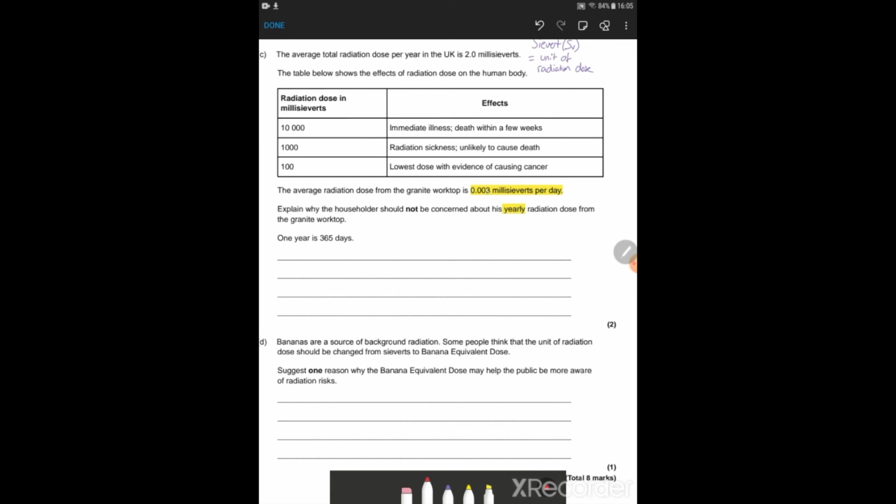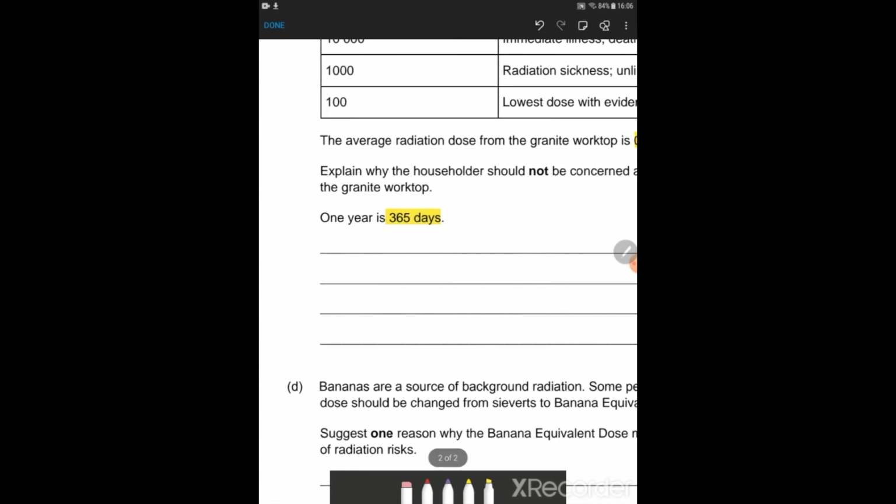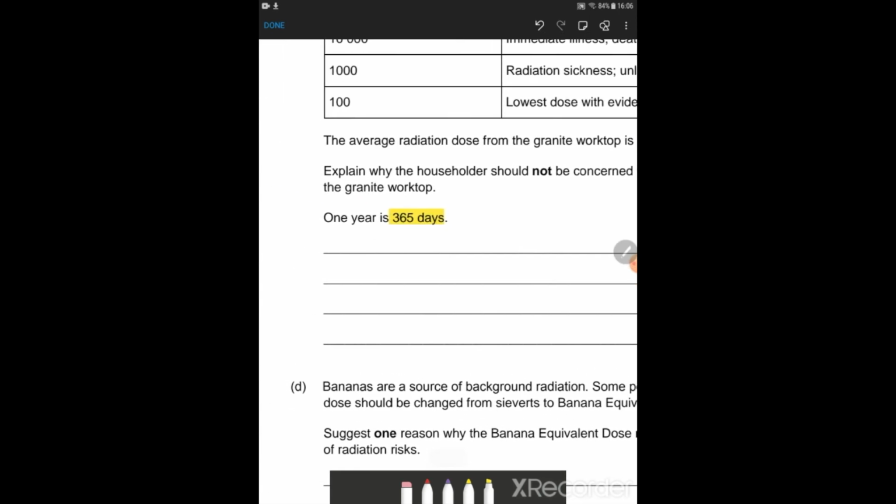So if it's 0.003 in one day, and we know that there's 365 days in 1 year, to get the dose over 1 year, then we'll do 0.003 times 365 days, okay?